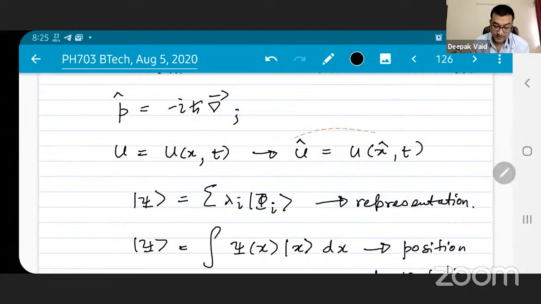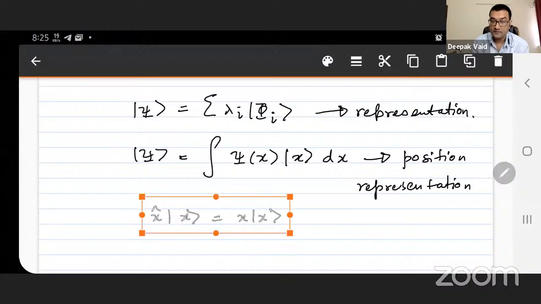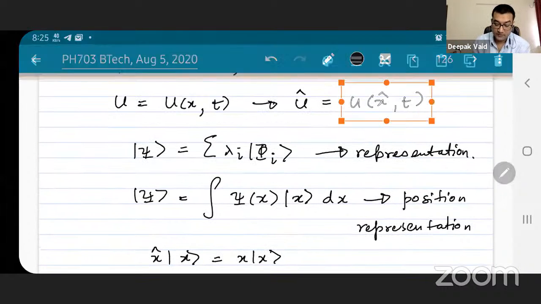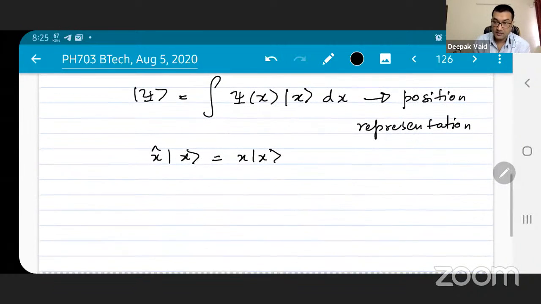And so when we take this potential energy operator and act on this psi of x, since the action of this operator is trivial, your potential energy function also just becomes a function of x rather than an operator.